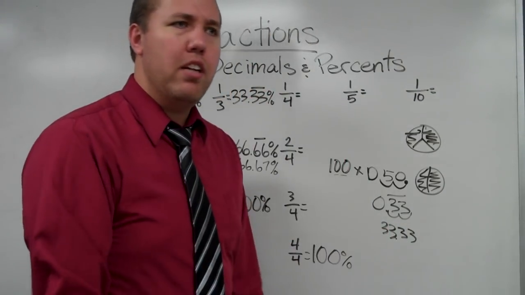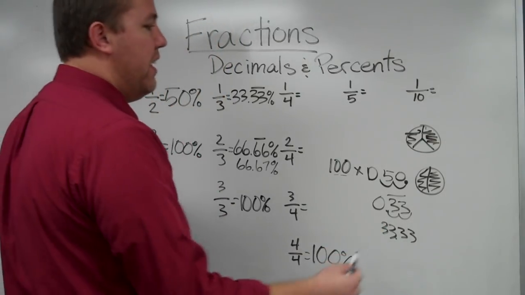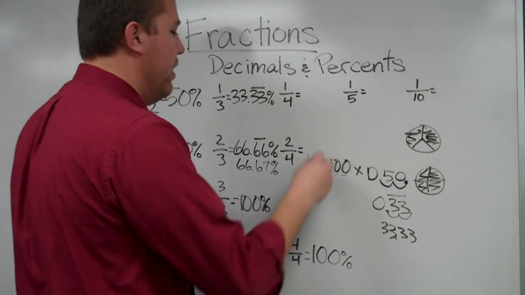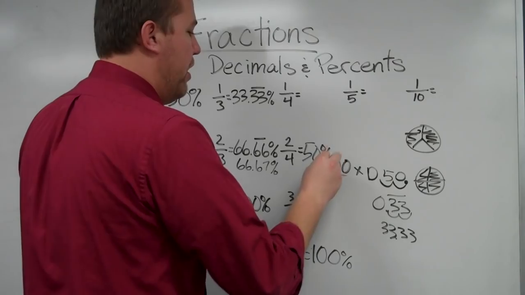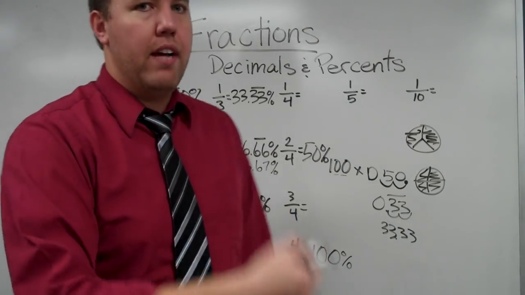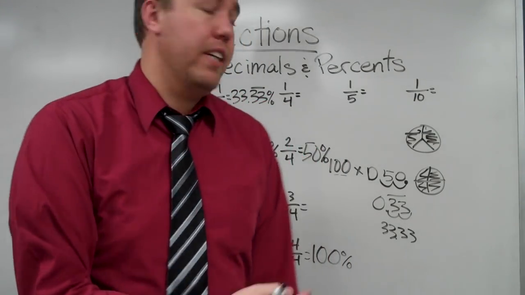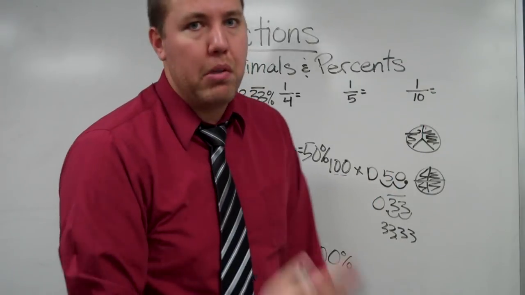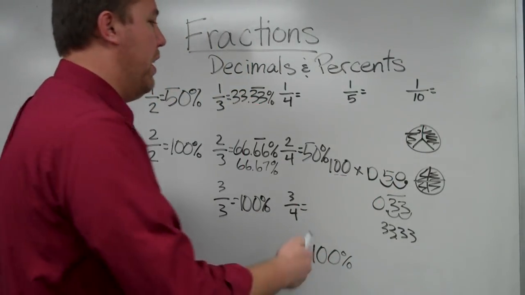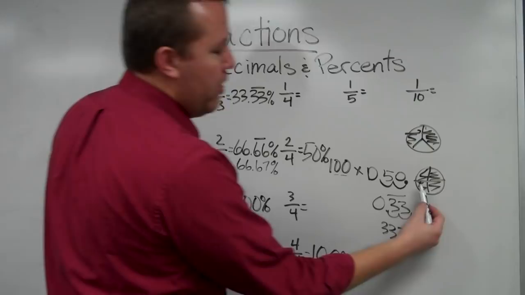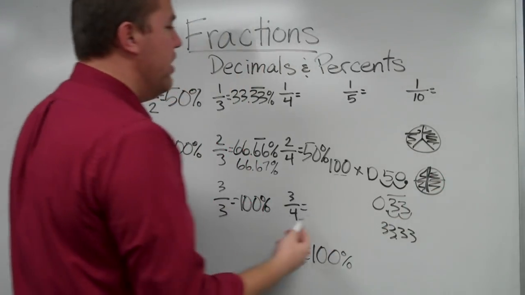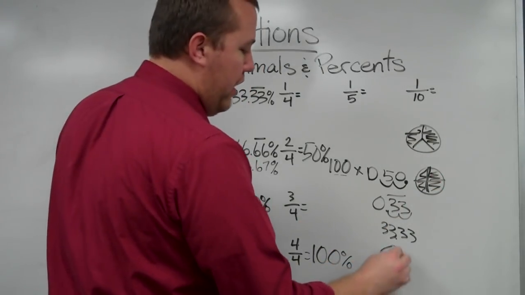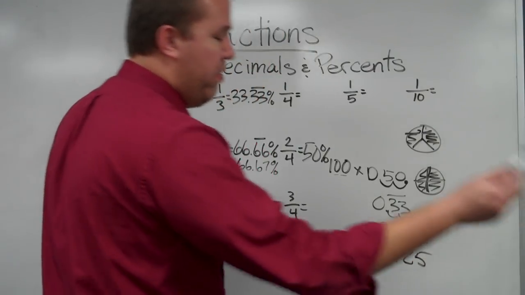Okay, now we look at our equivalent fractions. 2/4, automatically I know, hey, 2/4, that's the exact same as 1/2. So that is going to be 50%. Equivalent fractions, 1/2, 2/4, 3/6, 4/8, 5/10, 50%, because they all equal 1/2. Okay, well if I have 2/4, what's half of 2/4? Just 1. So if I do that on the calculator, I get 0.25.